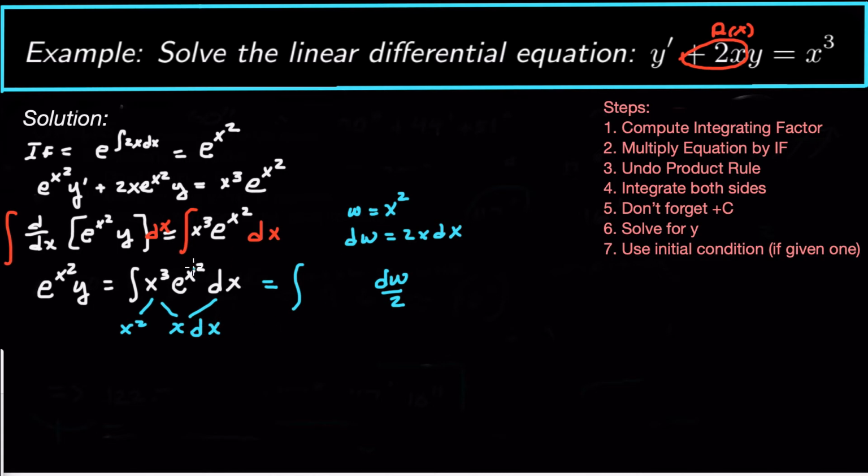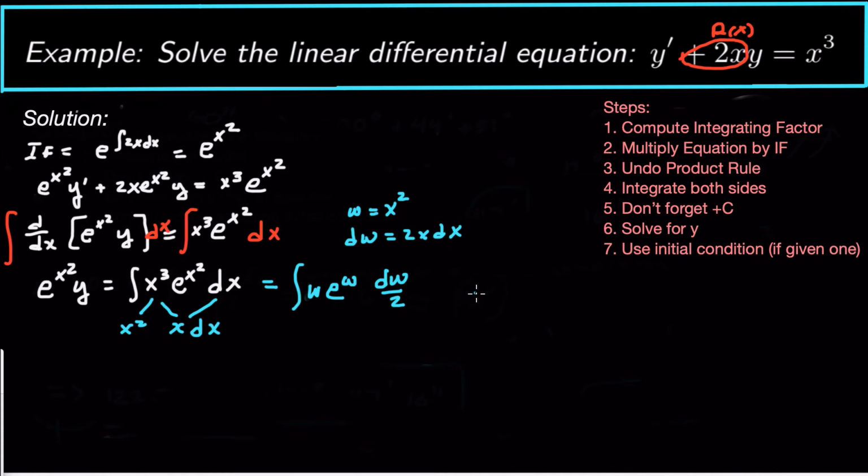So basically I'm splitting that up into x squared times e to the x squared times x dx. So x dx is just dw over 2. And now I have w e to the w.